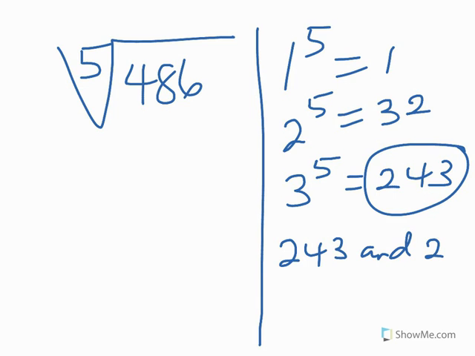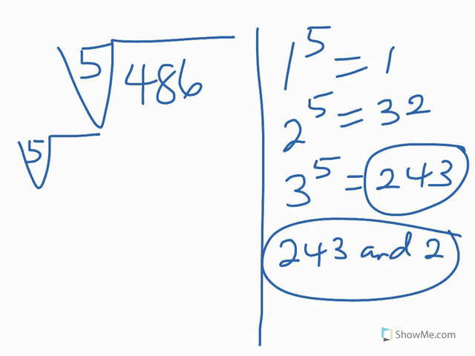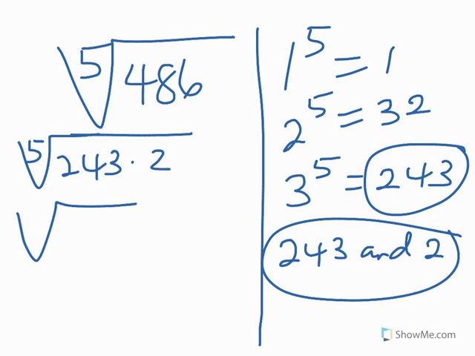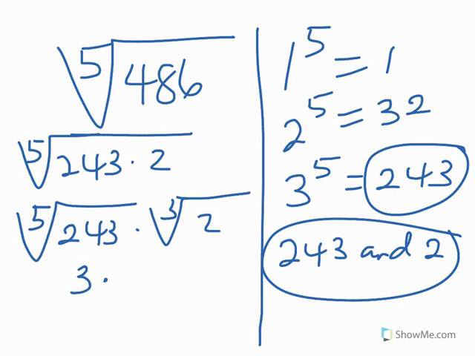So this will be fifth root of 243 times 2, which is fifth root of 243 times fifth root of 2, which is 3 times fifth root of 2, because 3 raised to power 5 is 243. So this is 3 fifth root of 2.